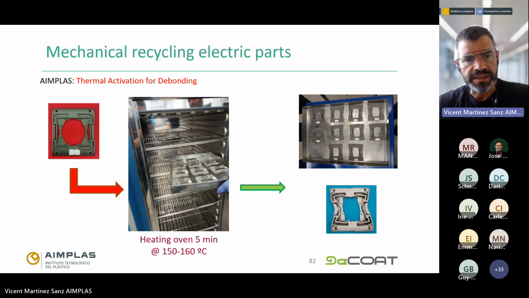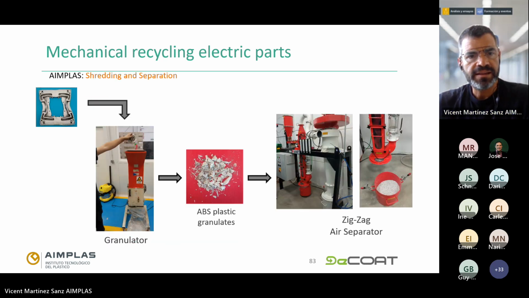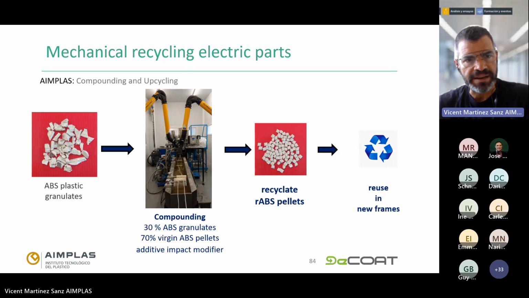After activation in the heating cabinet, the coating layers can be removed, actually peeled off from the plastic substrate, and after performing the shredding and separation stages, we are also able to obtain these ABS plastic granulates as an input material for the next compounding stage, in which we also blend these recycled granulates with the virgin ABS grade, also adding the impact modifier additive in order to obtain these recycled ABS pellets that were also used in the manufacture of new frames for the same application.